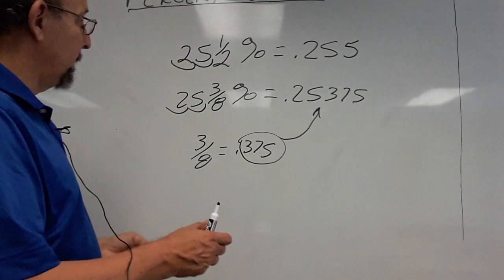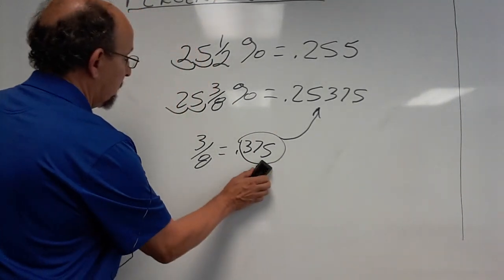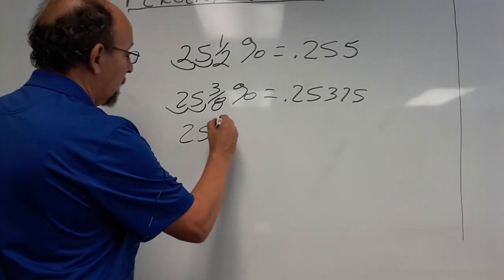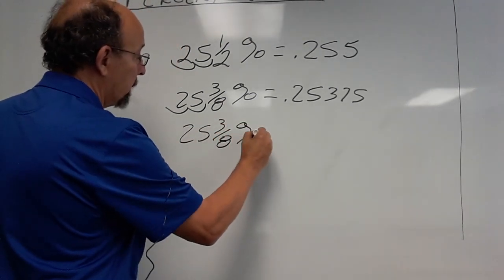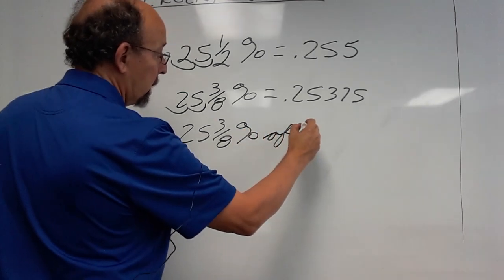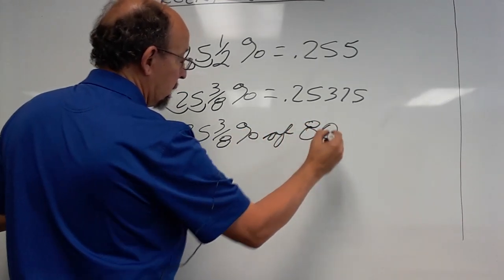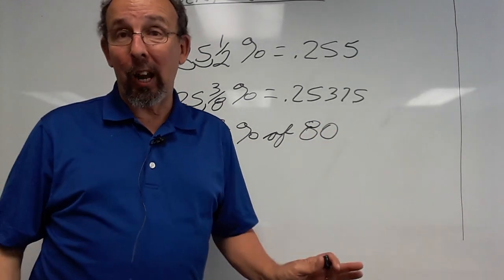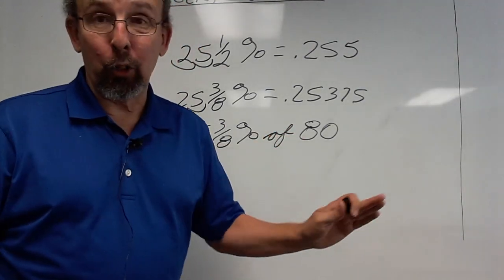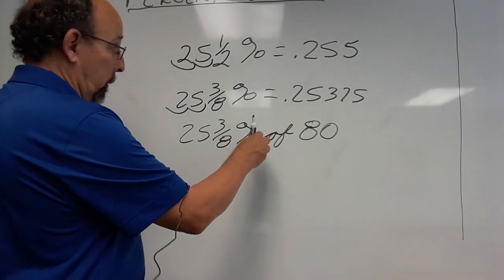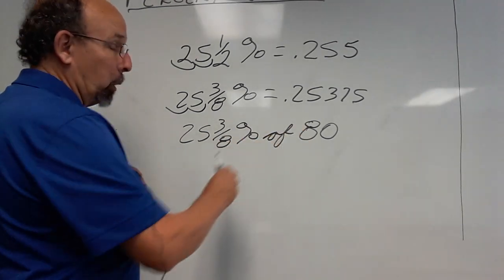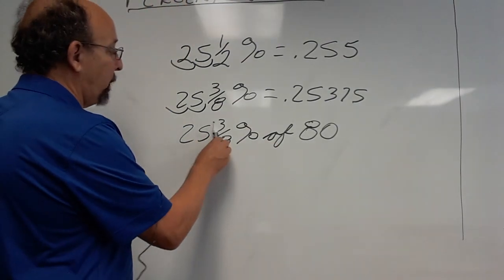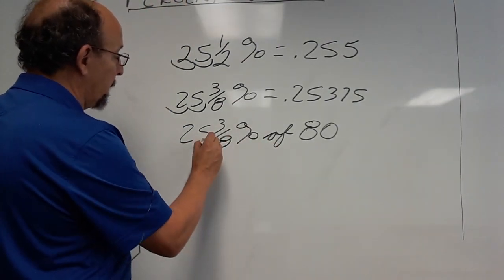0.25375. Now, let's take that and say, I want to find 25.375% of 80. Probably isn't going to come out even. It's going to have a decimal. That's fine. We're just going to look at how to do the problem. Remember, to find the percent of a number from the last lesson, you change the percent to a decimal and multiply. So I'm going to take 25.375%. I'm going to change that to a decimal. I'm going to go 1, 2.